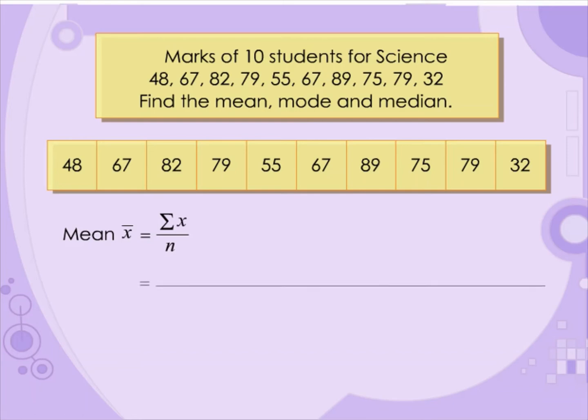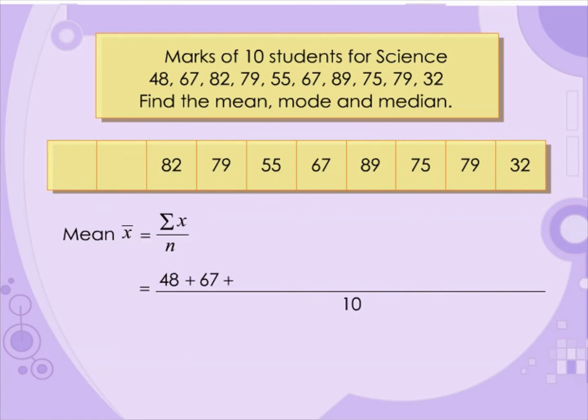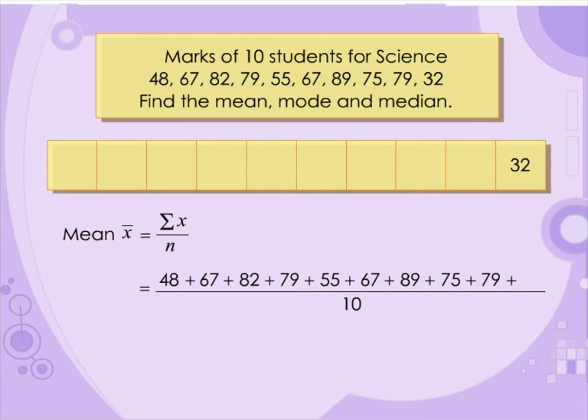Therefore, mean equal to 48 plus 67 plus 82 plus 79 plus 55 plus 67 plus 89 plus 75 plus 79 plus 32 equal to 673 divided by 10, which is equal to 67.3.